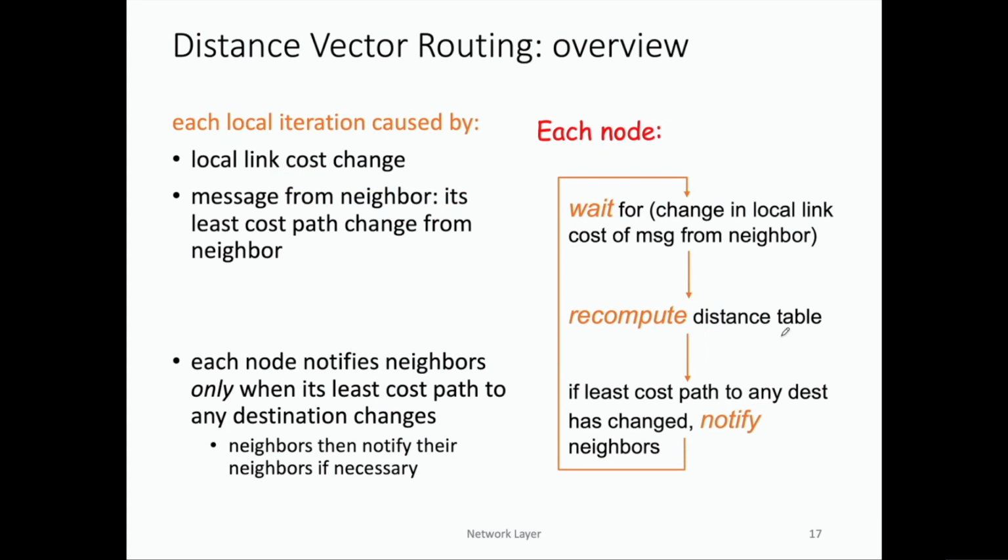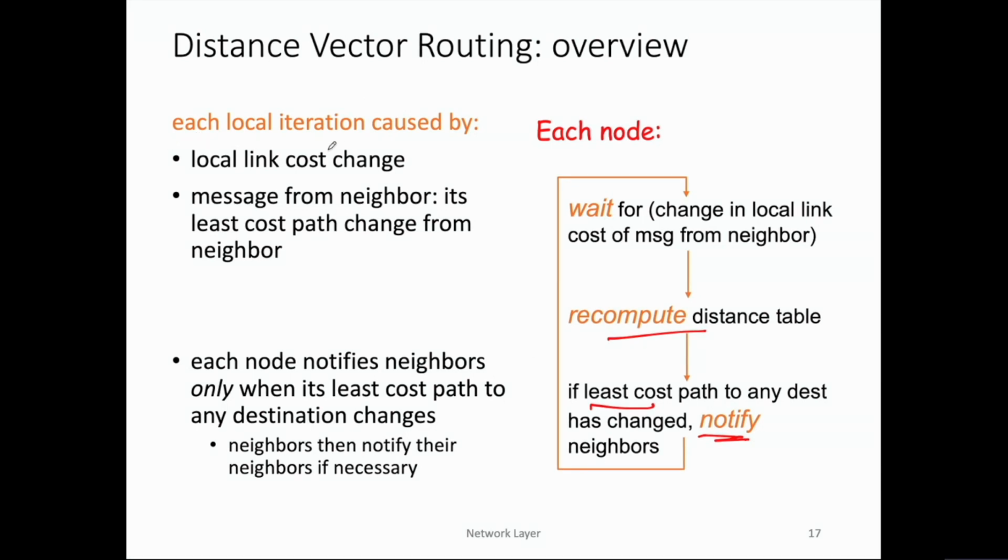So what happens basically? A node has to wait for a change in the link, number one, or a cost message from the neighbor. And then we have to recompute the distance table. And if by recomputing the distance table we come up with a new least cost, we have to notify all of our neighbors.